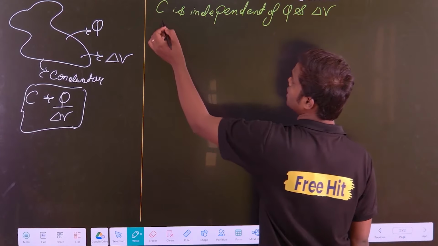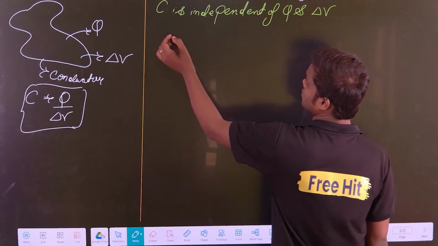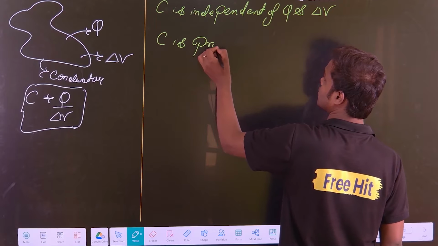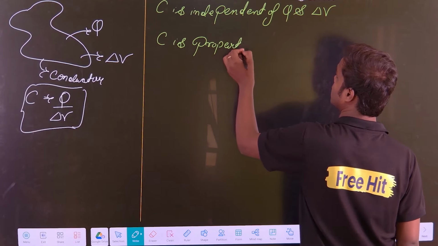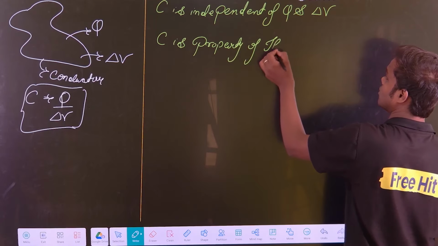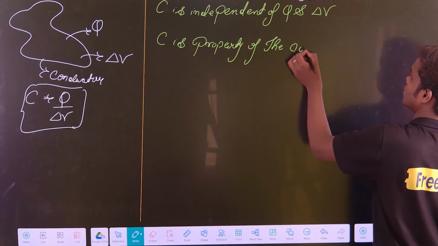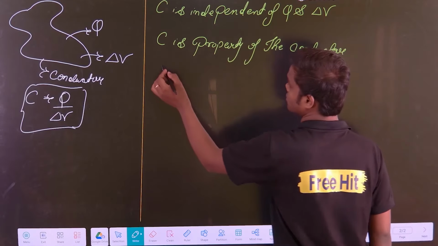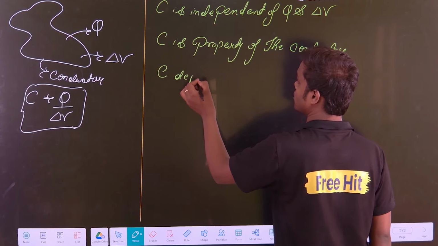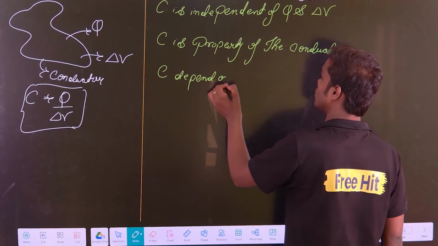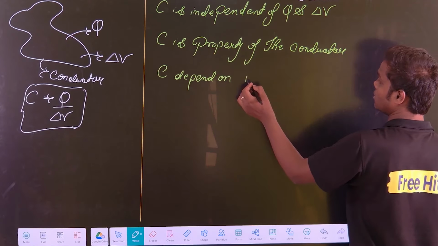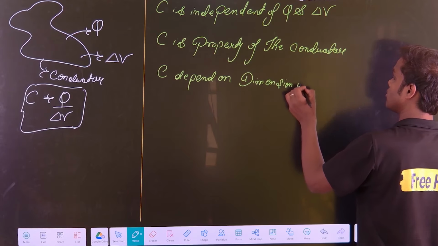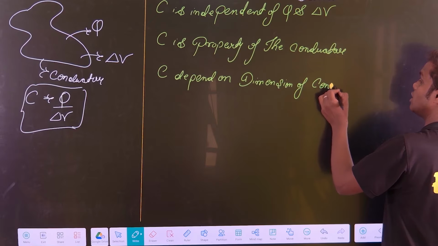C is a property of the conductor, and C depends on, first thing, the dimension of a conductor, like how the dimension is there.